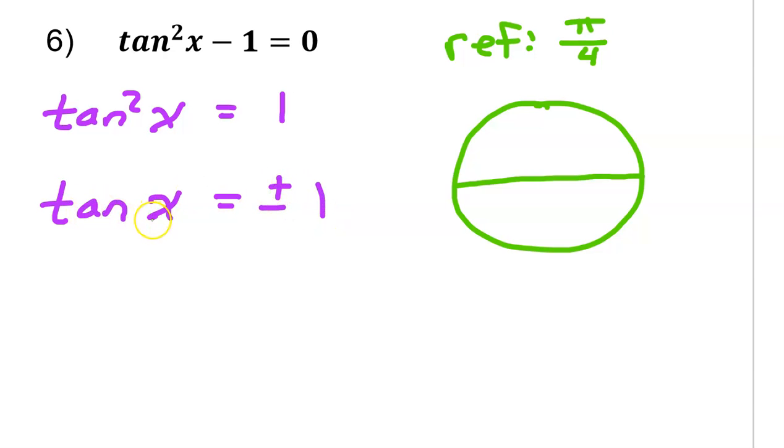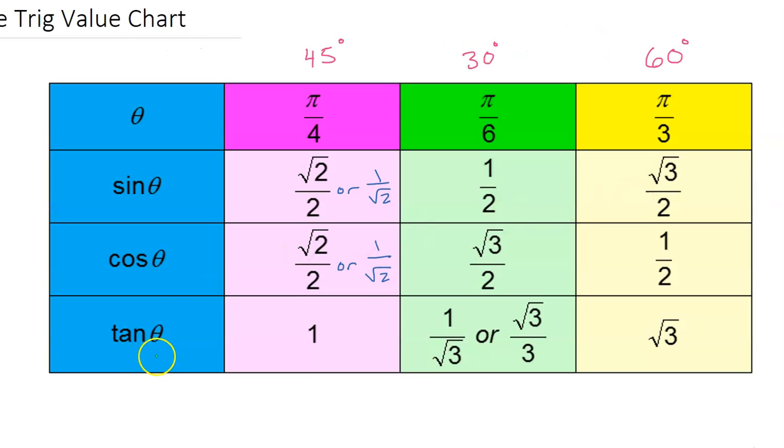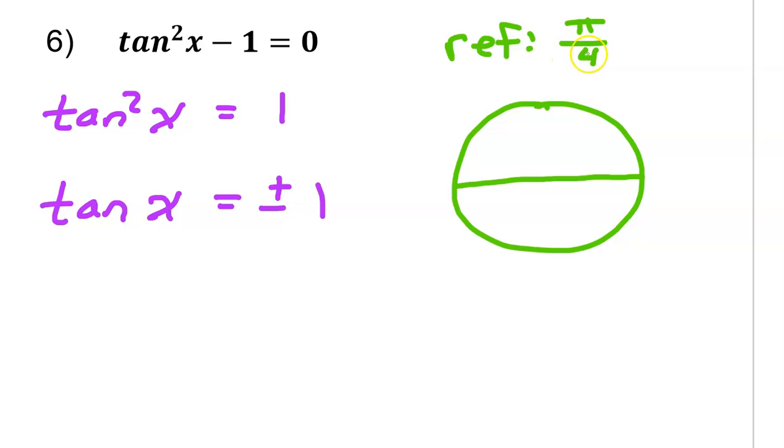The tangent of what angle is 1? So if you've memorized your chart like you're supposed to, you know that the tangent of pi over 4 is 1. So that's how I know that the reference angle is pi over 4. There are 4 angles that have a reference angle of pi over 4. There's 1 in each quadrant.